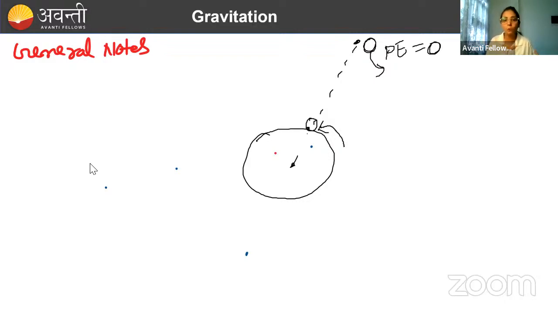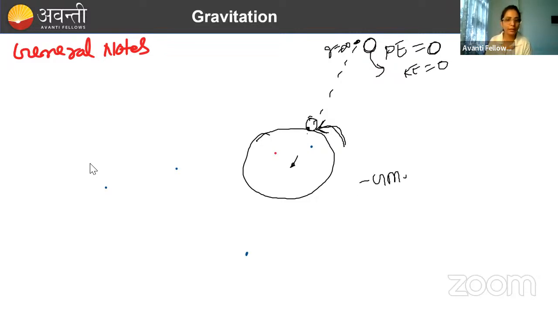At r equal to infinity, kinetic energy will also become zero. So overall, we have to give it such a value of kinetic energy that will make its total energy equal to zero. Then only it will escape, right?